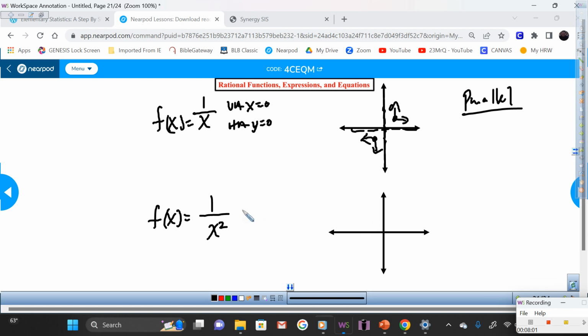Same: VA, x equals 0. HA, y equals 0. So here's my VA. There's my HA. And I'm going to use (1, 1). But for this one, since it has a square, I'm going to use the other side as (-1, 1).